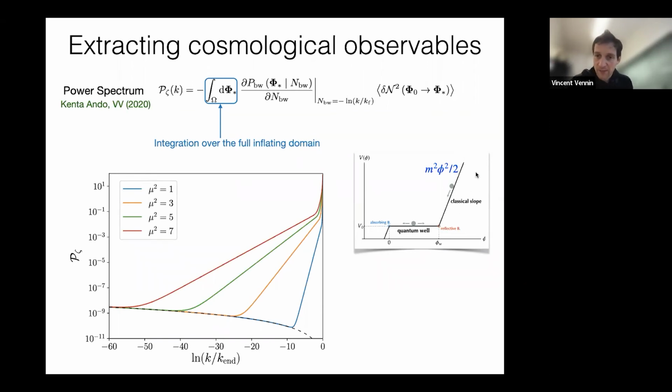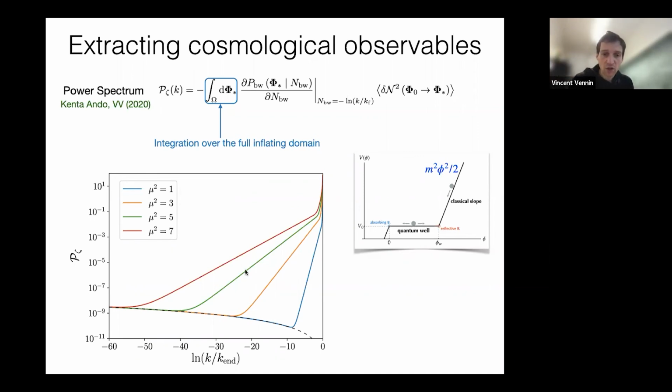But on top of my m squared phi squared potential, I add a last piece of the inflationary dynamics where the potential is exactly flat for, say, a couple of e-folds, and then inflation ends. So in this region, the dynamics of the field is mostly driven by the stochastic fluctuations, right, by quantum diffusion. And in this region here, it's driven mostly by the slope of my classical potential.